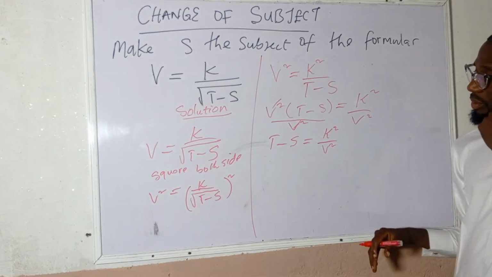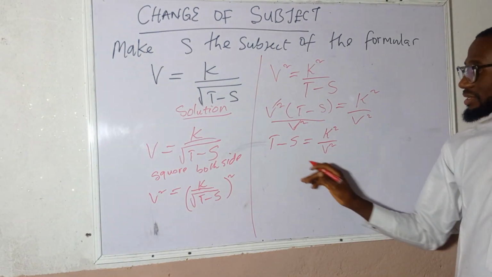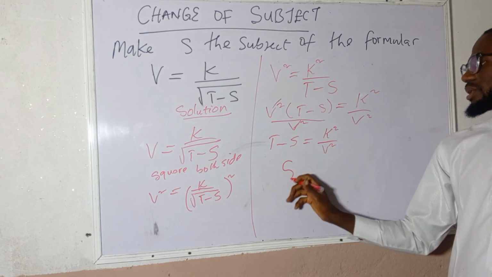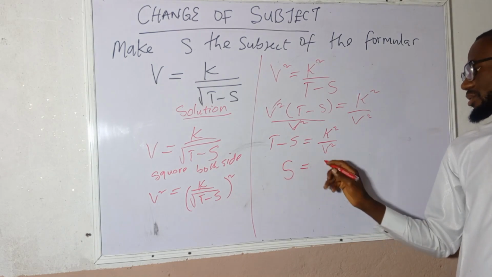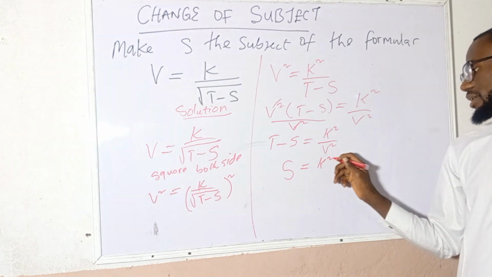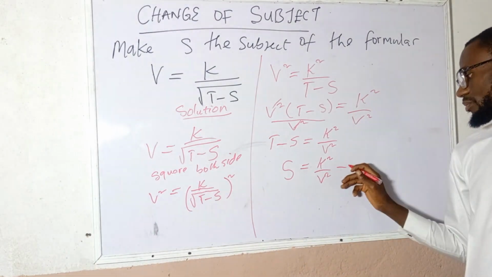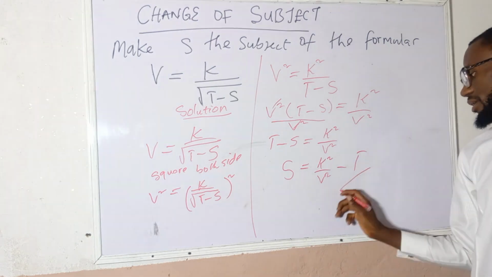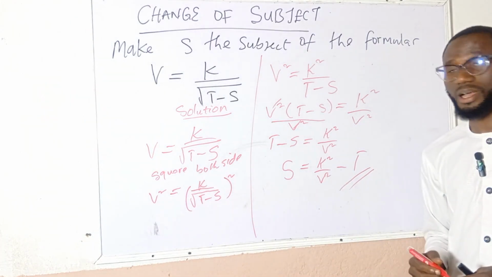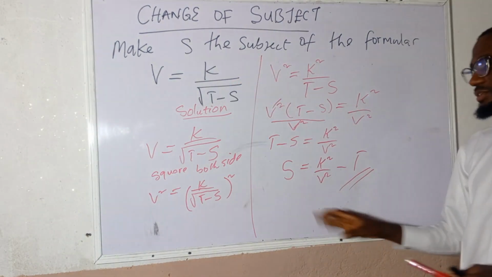Then we can say s is equal to k square all over b square minus t. That is, now we have made s the subject of the formula.